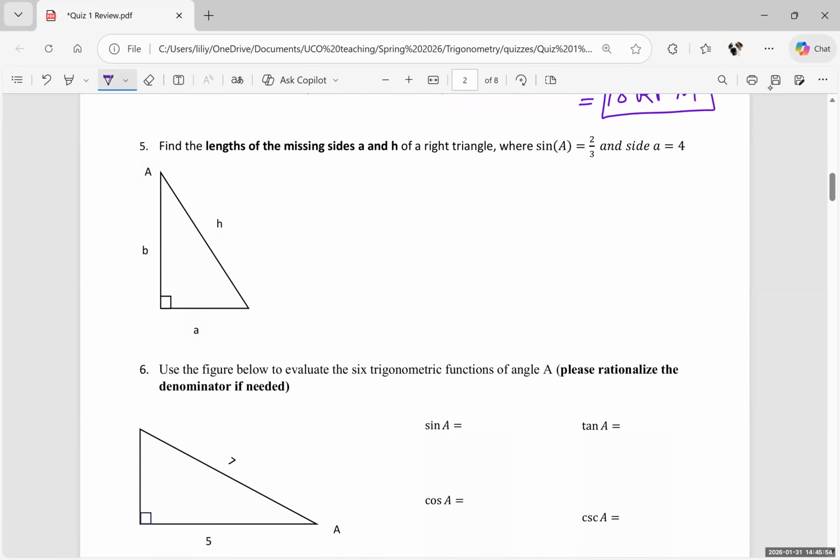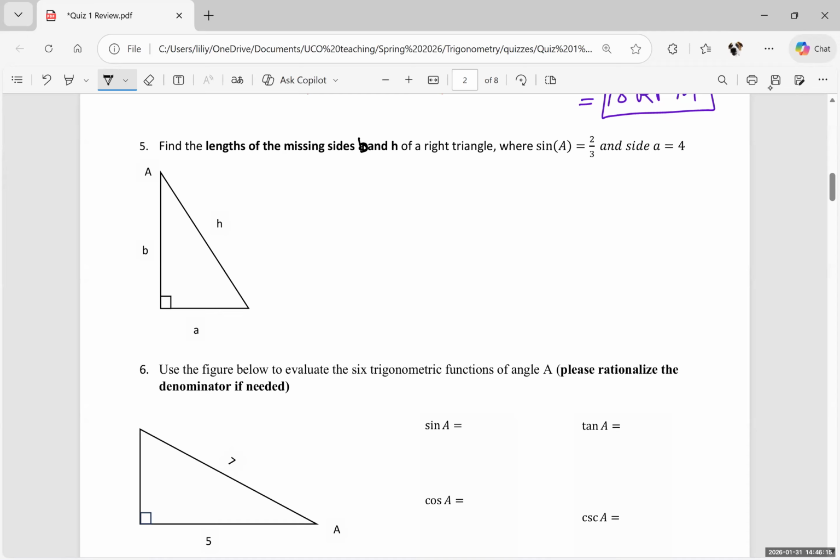Number 5, find the lengths of the missing sides B and H of the right triangle. Well, that should say B, because A is given. Where sine A is 2 over 3, and side A is 4.